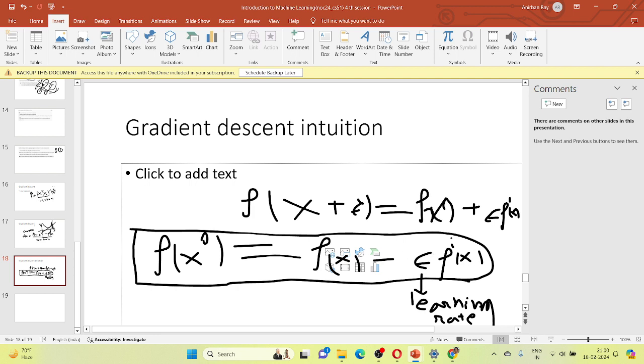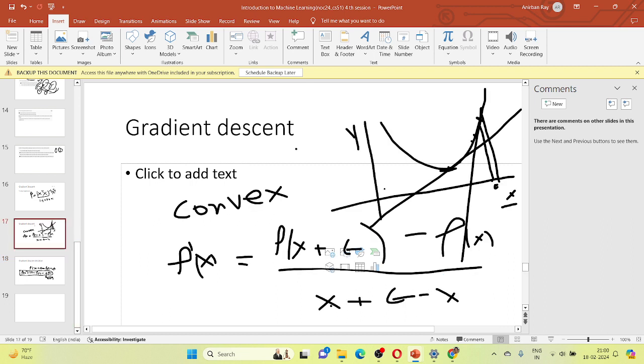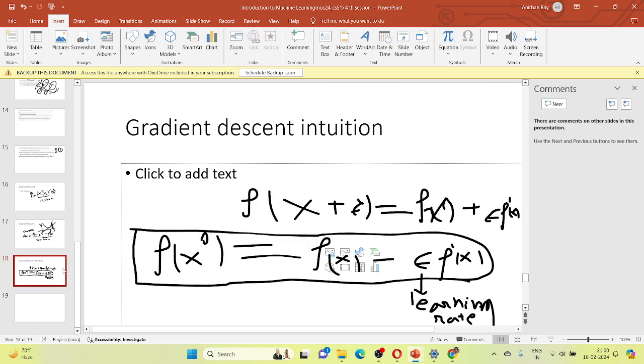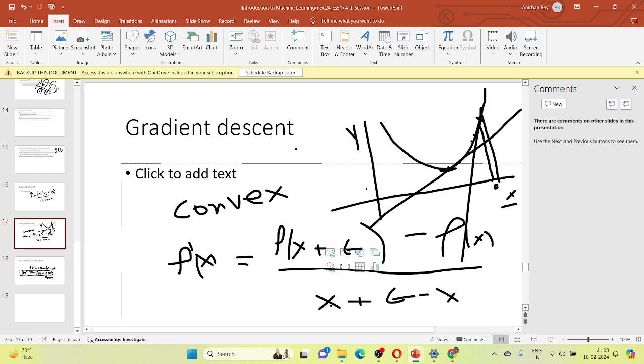So e times f dash x is going to be a much larger value when we are away from the minima. But as we come close, it is going to become more and more small.